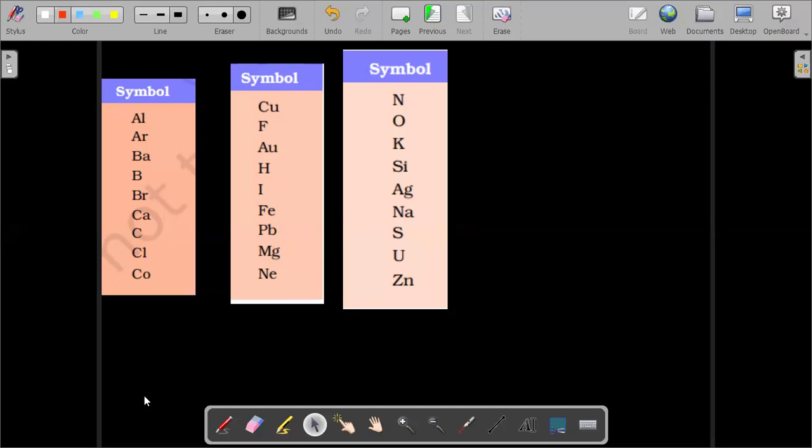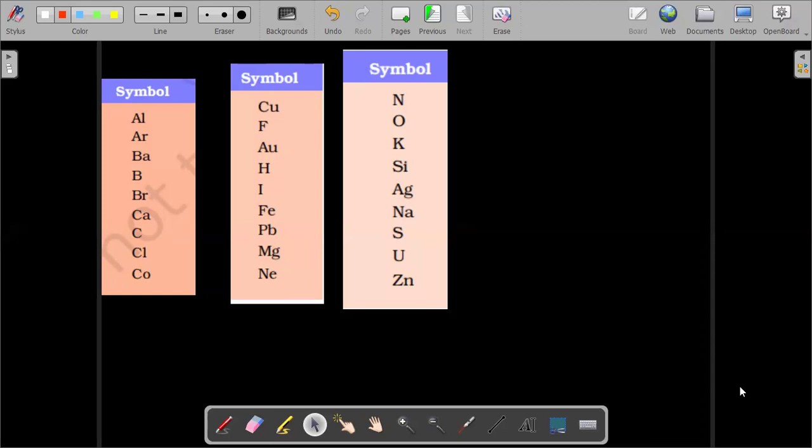Very good. And magnesium. Ne, neon. N, nitrogen, yes. O, oxygen. Fine. Continue.